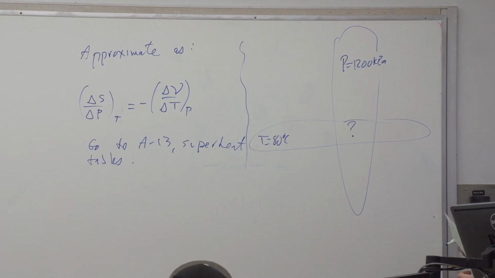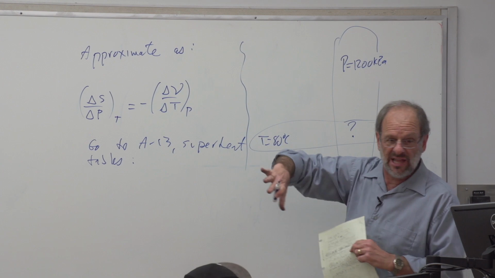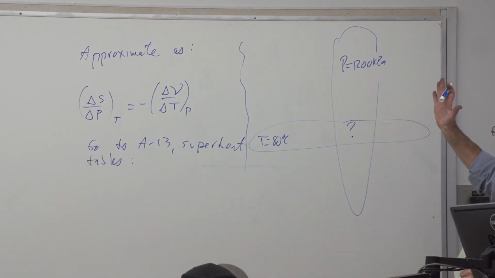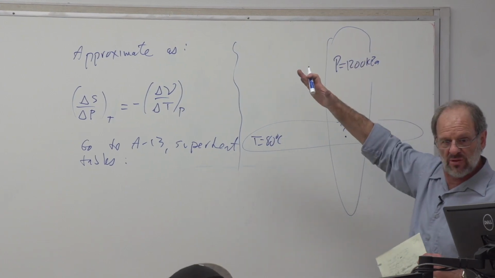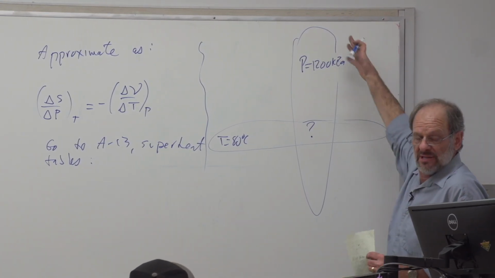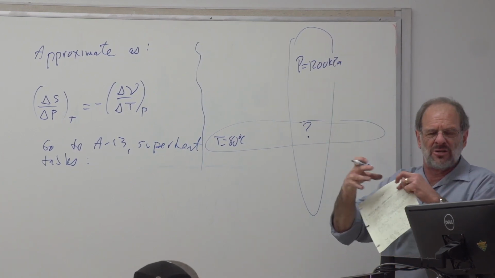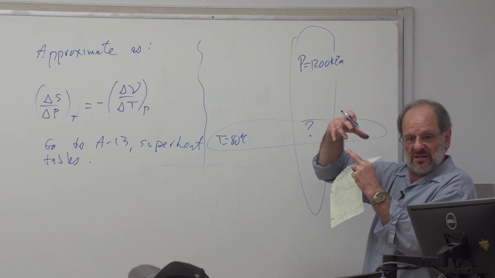And what I want to do is bound this. So what I want to do is go into my table A13, my superheat tables, and I would note that at one lower pressure table, we're down to 1,000 kilopascals, and at the next higher pressure entry in the table, you know, the superheat tables are a series of subtables, right? So we've got the 1,200 kilopascal subtable.